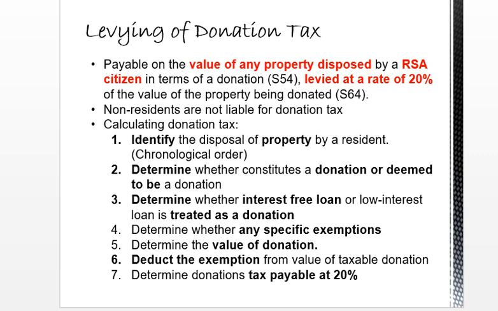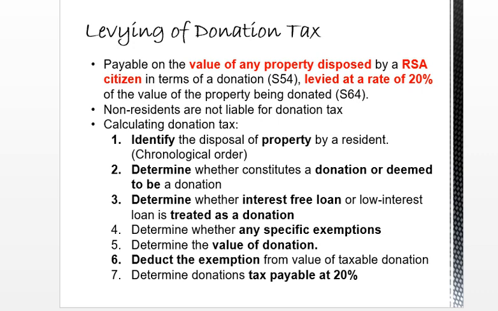Then we want to look at whether this property donated was a donation or deemed to be a donation. We'll deal with that now. And then we also want to determine whether the donation was an interest-free loan or a low-interest loan, and whether it is treated as a donation.